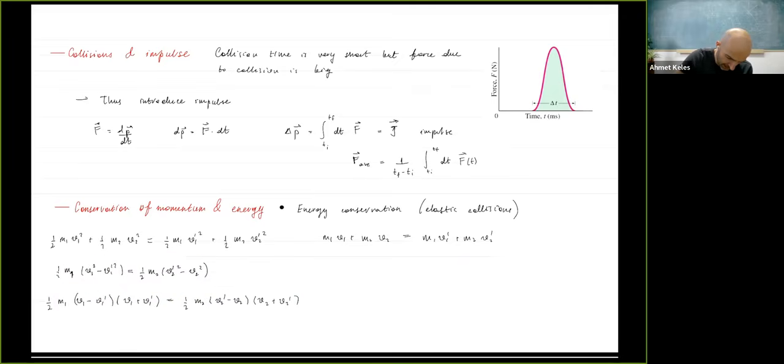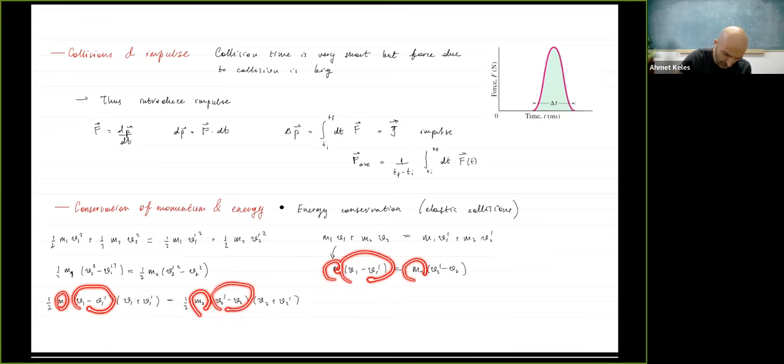So I can do exactly the same thing here. This is m1 (v1 minus v1 prime) should be equal to m2 (v2 prime minus v2). Now I see I have m1 (v1 minus v1 prime) on one side, and on the other side I have m2 (v2 prime minus v2).